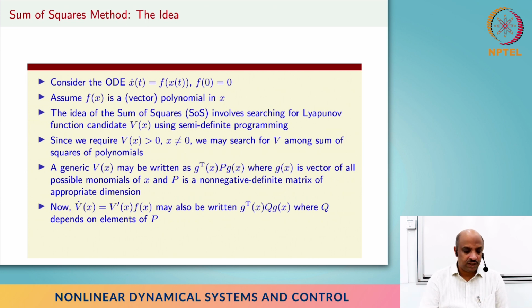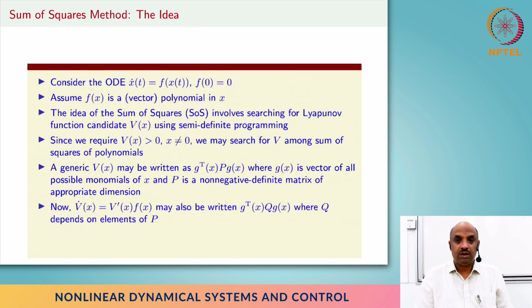Hopefully that's relatively straightforward. Now, V prime of x is the derivative of this, so you can only go lower in degree when we take the derivative. So basically, you will end up with a product also of the form g of x times Q times g of x. I'm not going into details, but intuitively it makes perfect sense.